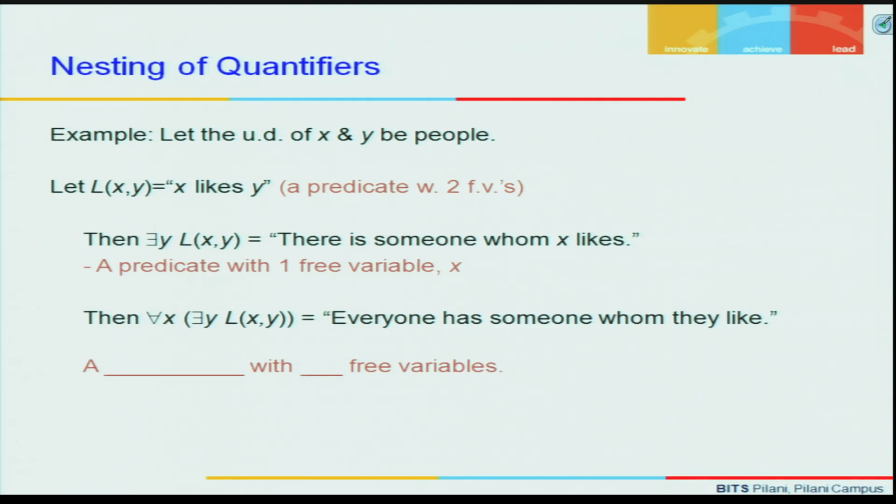Let us take this simple example. Let us define a predicate called L(x,y). What I mean by how I am defining L(x,y) is x likes y, and of course my universe of discourse for x and y is people, the set of all human beings. Then what does it mean? There exists y L(x,y).